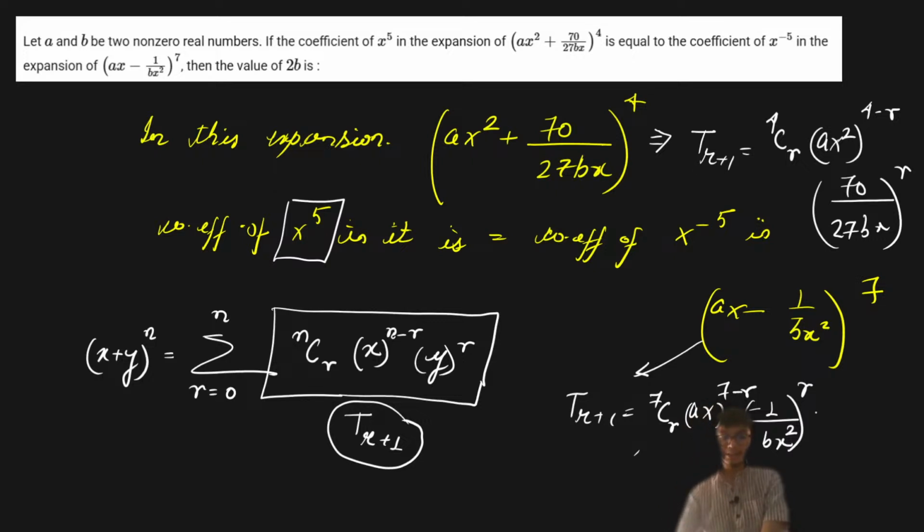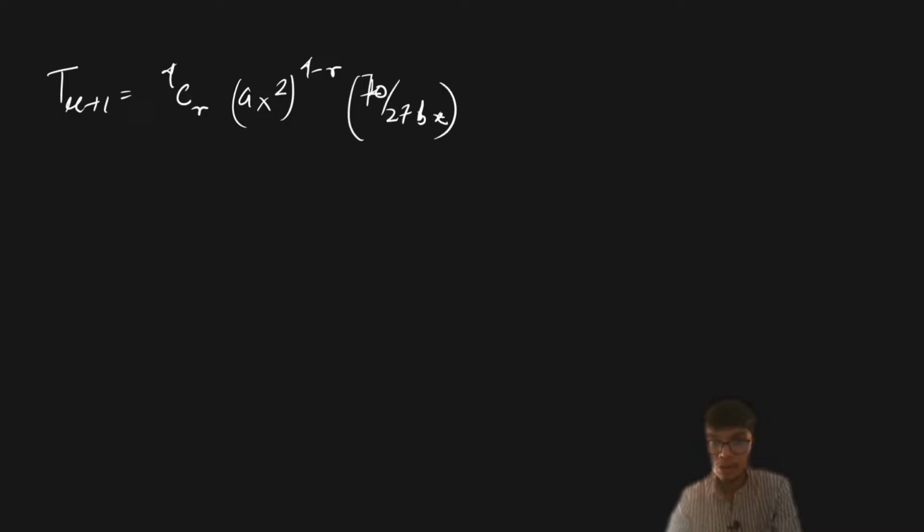First, let's understand the coefficient of x to the power 5 from the first expansion. It is 4Cr (ax square) whole to the power 4 minus r and then (70 upon 27 bx) whole to the power r.